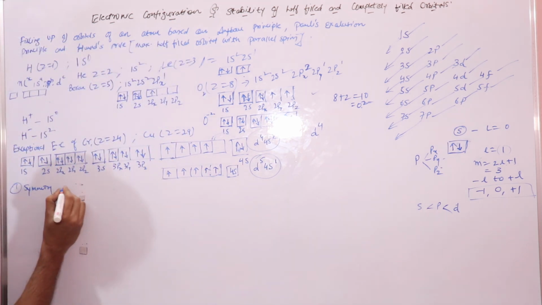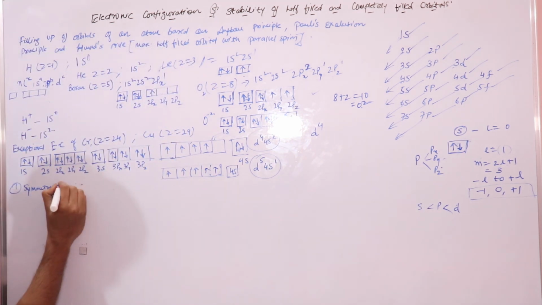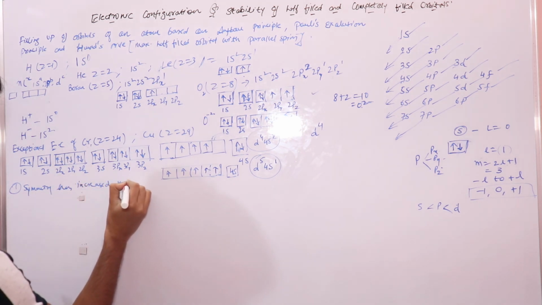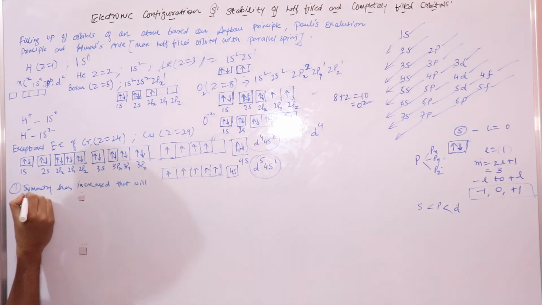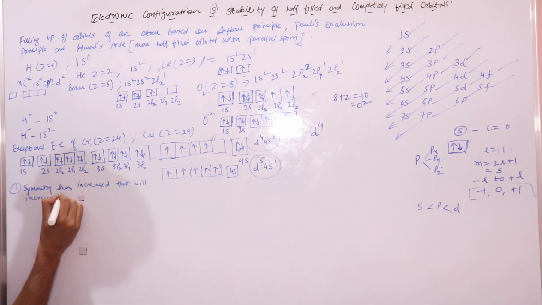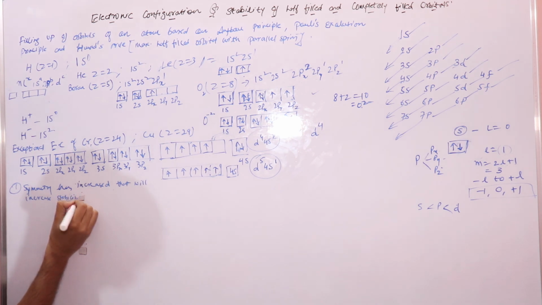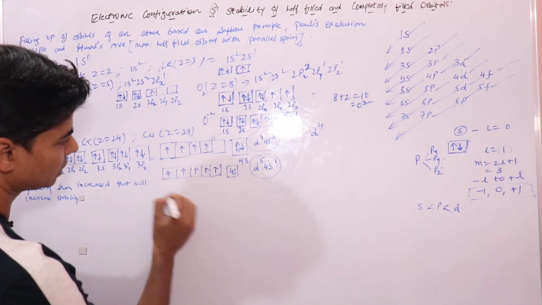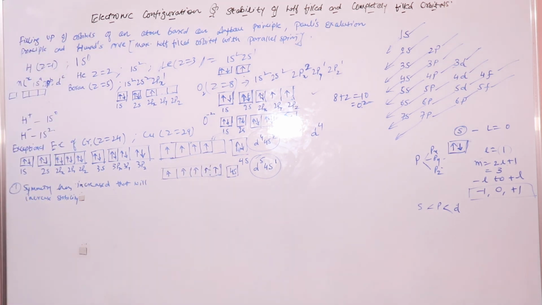Because the symmetry has increased, that will increase stability, right? This will add to stability. So the distribution of electrons will become more symmetrical.